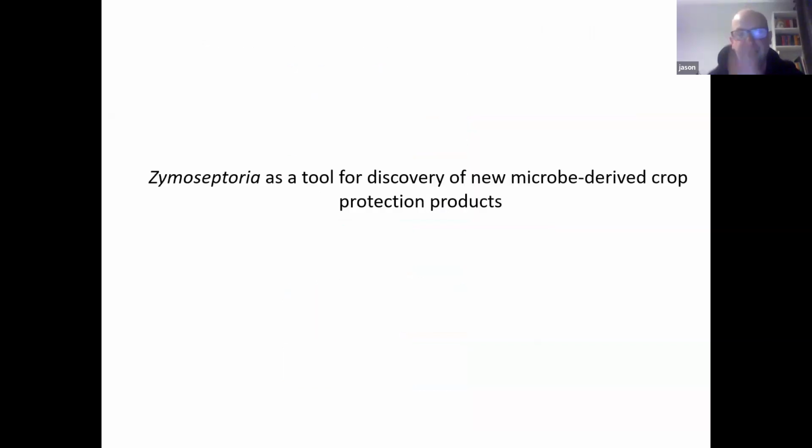Okay, the final part of the presentation is some slightly different work about how we're using Zymoseptoria as a tool for discovery of new microbe-derived crop protection products.